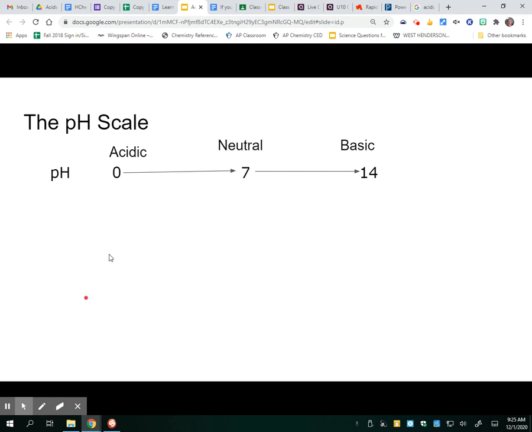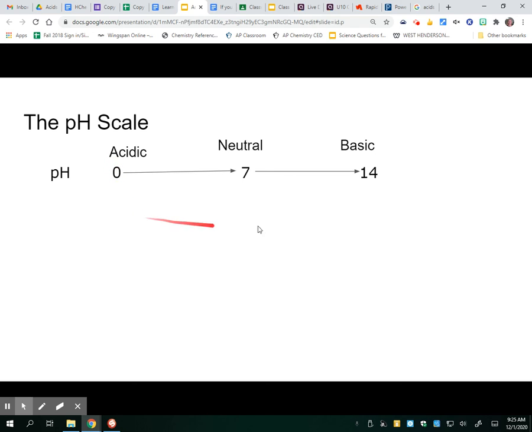A solution that has a pH of 14 is pretty nasty stuff. This would be like straight sodium hydroxide, which is commonly known as lye and used in soap making, but pretty nasty stuff. Drain cleaner has a pH of 14. A pH of 0 would be car battery acid, so sulfuric acid is very, very acidic.